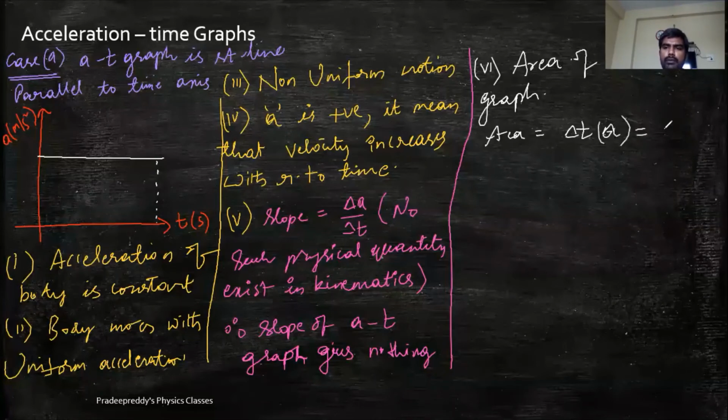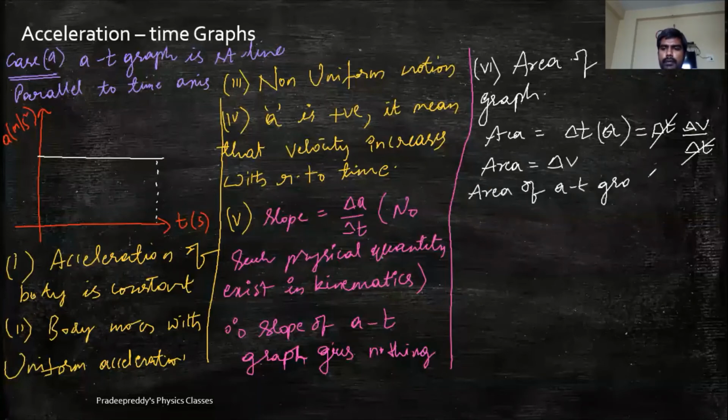A can be written as delta V divided by delta t. Delta t gets cancelled. So if you calculate area, what you are getting? Delta V. Therefore, area of AT graph gives change in velocity.